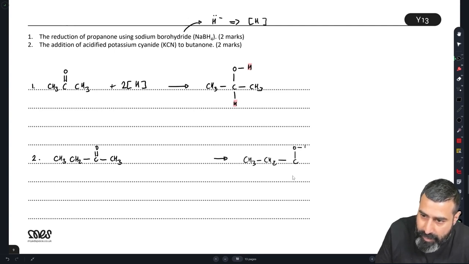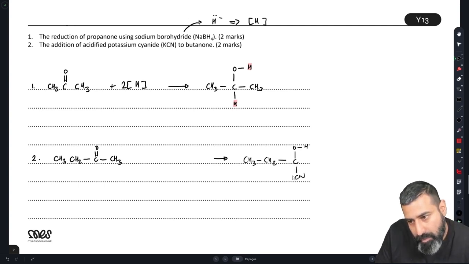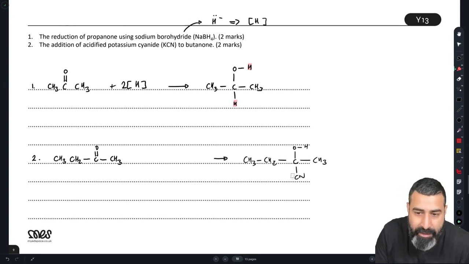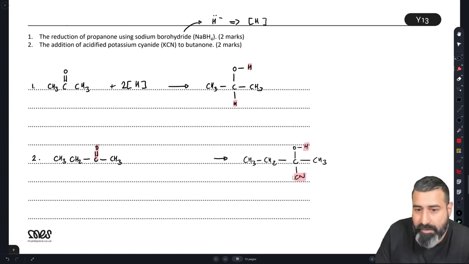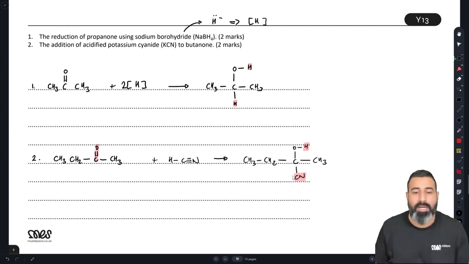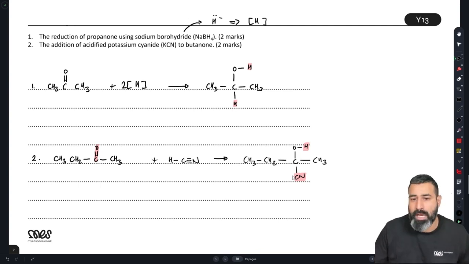We're going to get a hydroxynitrile. So then just literally inspect what we have added onto the double bond. We've added an H and we've added a CN. So I'm going to need some HCN. You don't need to draw it, you can just put HCN. Okay, sorted.